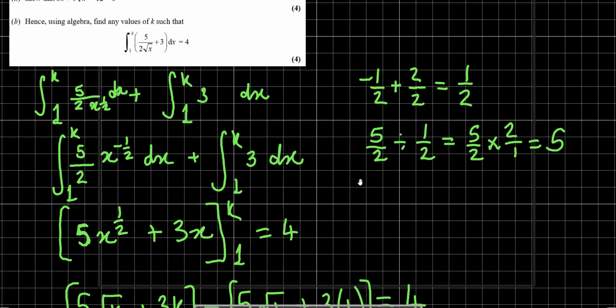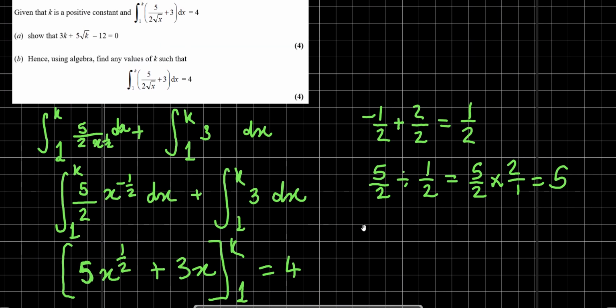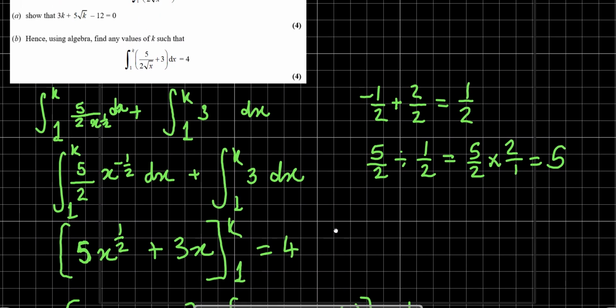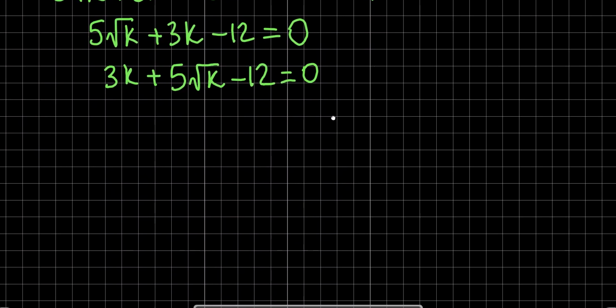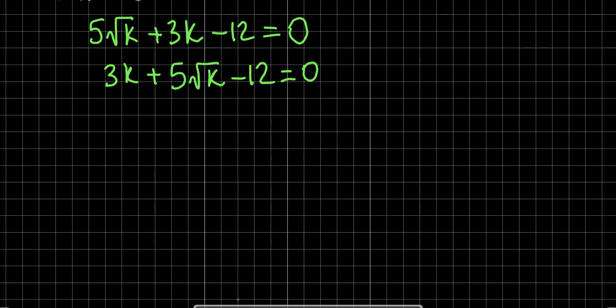Part B, use algebra to find the values of k. So now that we have our equation that we need to solve, I guess you can use a calculator, but if you don't want to use a calculator, we're going to use substitution here.